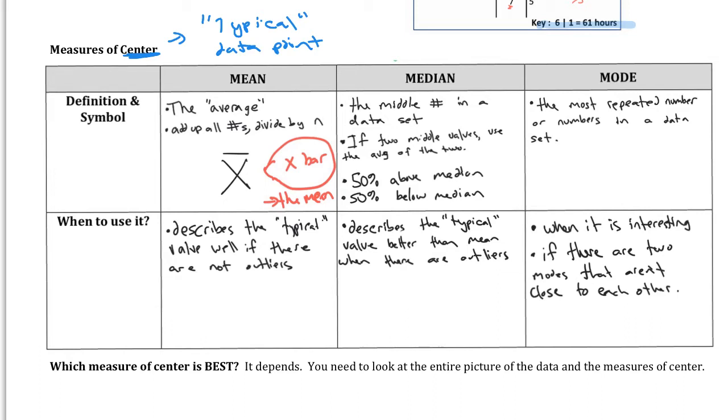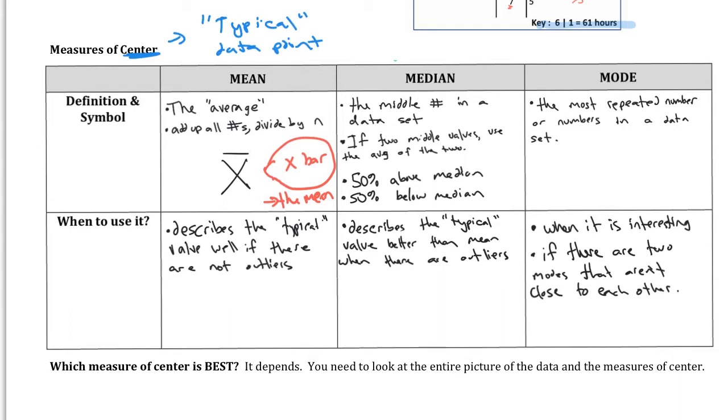If I say the average score on the test was 88, I kind of mean the typical test score was 88, right? That's how you think of a mean. It describes the typical value well if there aren't outliers. But what we're going to see is that outliers really mess with the mean.